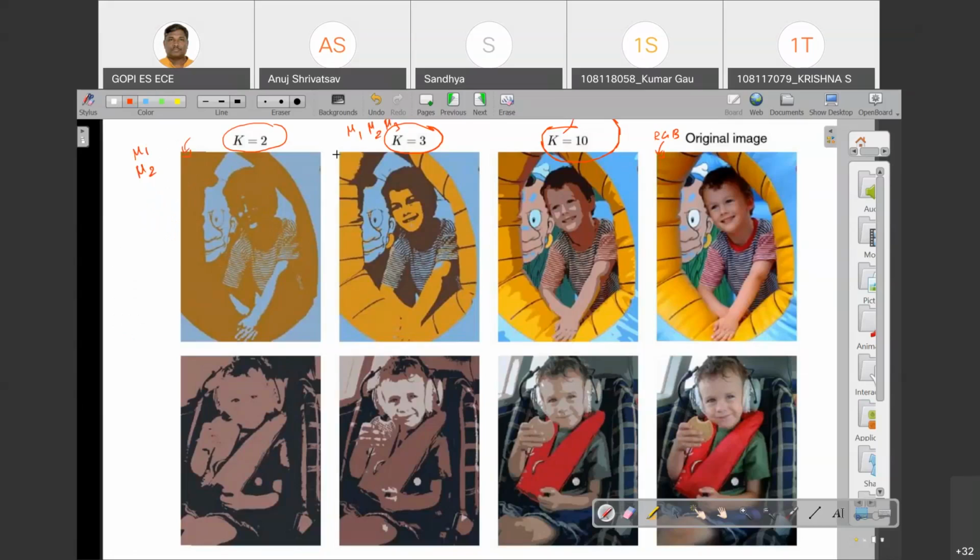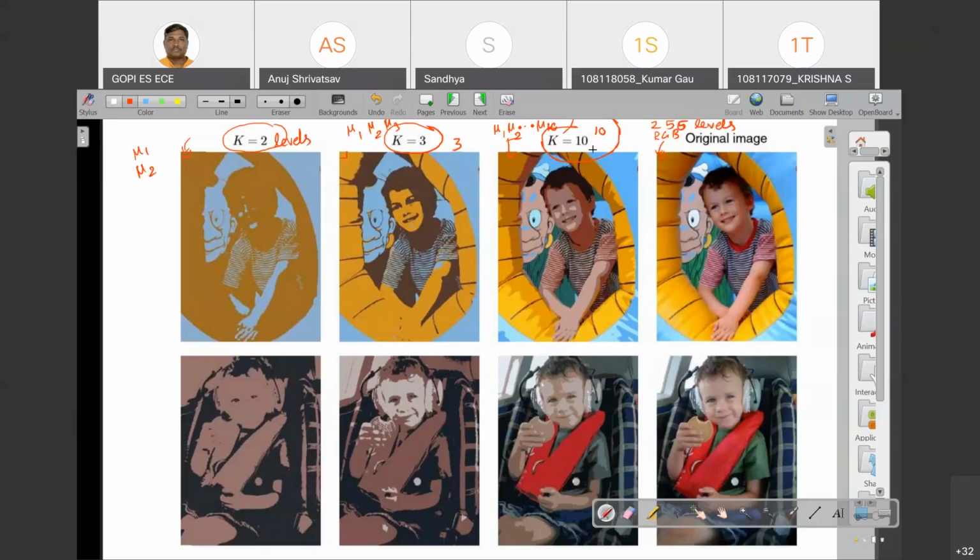Each pixel will take either mu1, mu2, or mu3. That is what is getting filled here. Here we have 10. The original has 256 levels, 0 to 255. This is just 10 levels, this is 3 levels, this is 2 levels. That is the meaning of it.